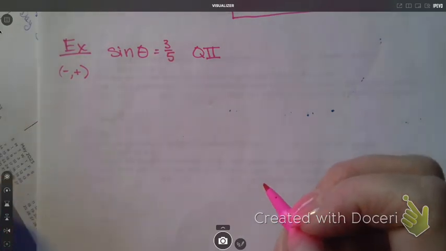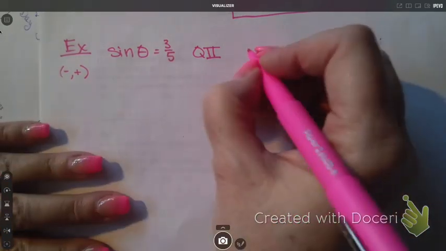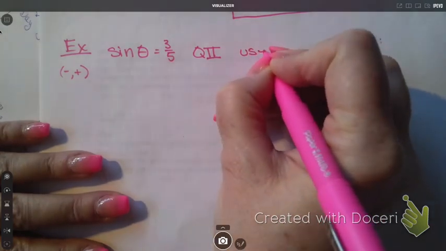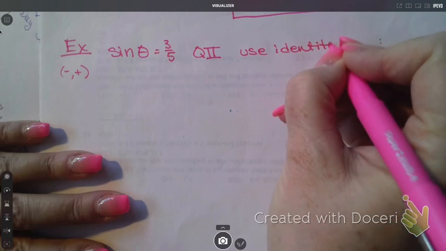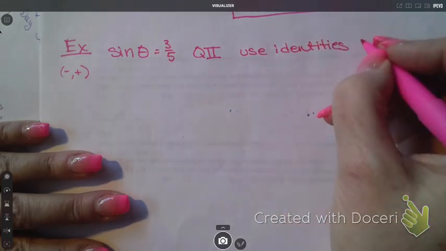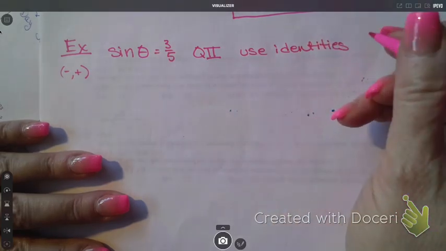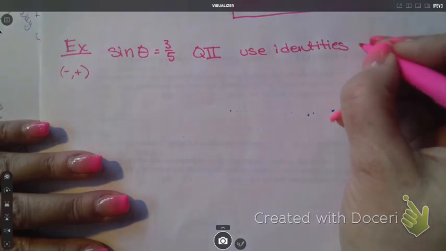We are not making a triangle today. We are using identities to find the remaining trig functions.